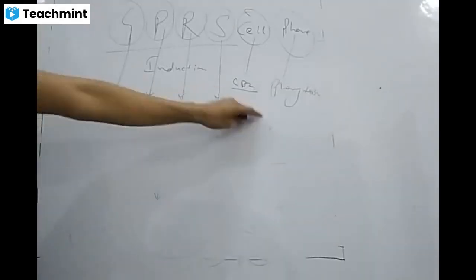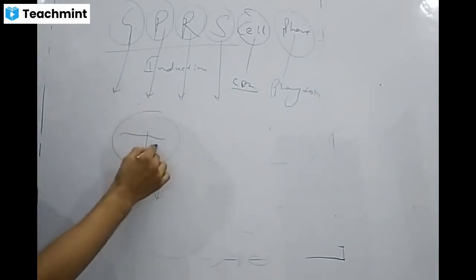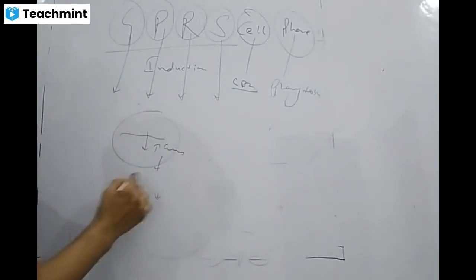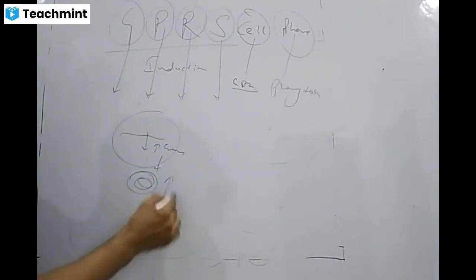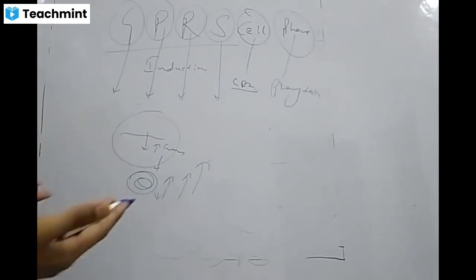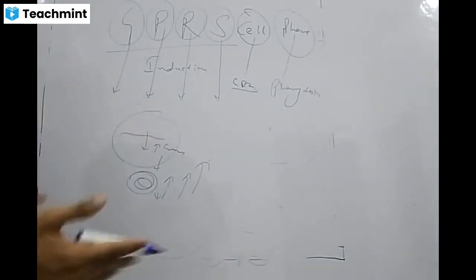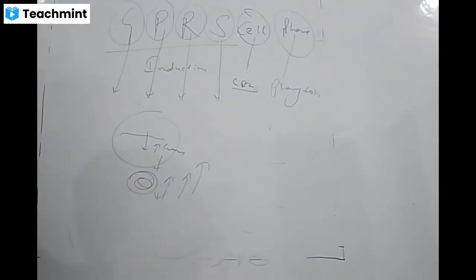So these are the drugs that increase the gene transcription and they lead to an increase in the number of enzymes. So the more the enzymes, the more the metabolism, and you need to increase the dose, otherwise it will not be effective.